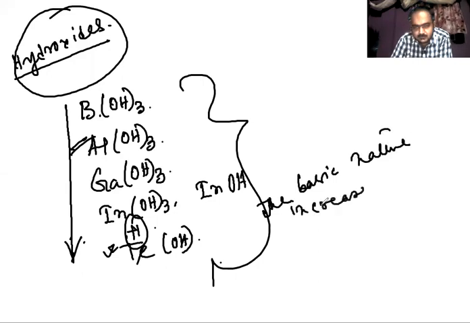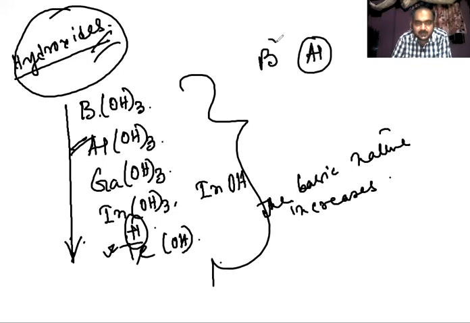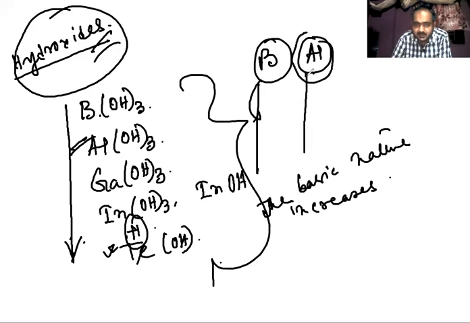Now we will go through hydrides. This was the hydroxides. We will talk in detail whenever we see boron and aluminium separately, when we read the properties of boron and all its reactions and compounds. Whenever we see aluminium separately, we'll see the oxide and hydroxides and some of their different characteristics.